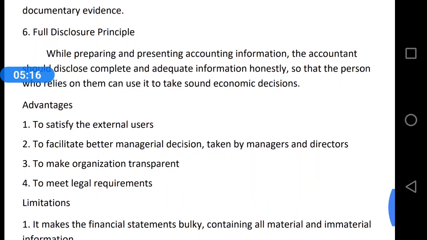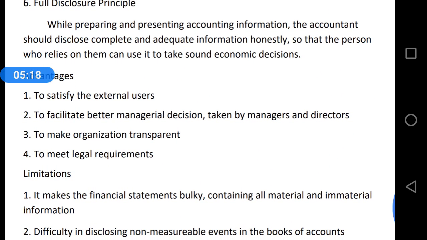While preparing and presenting accounting information, the accountant should disclose complete and adequate information honestly, so that the person who relies on them can use it to take sound economic decisions. As the name indicates, full disclosure principle means the accountant should disclose each and every transaction which is related to business through financial statements.